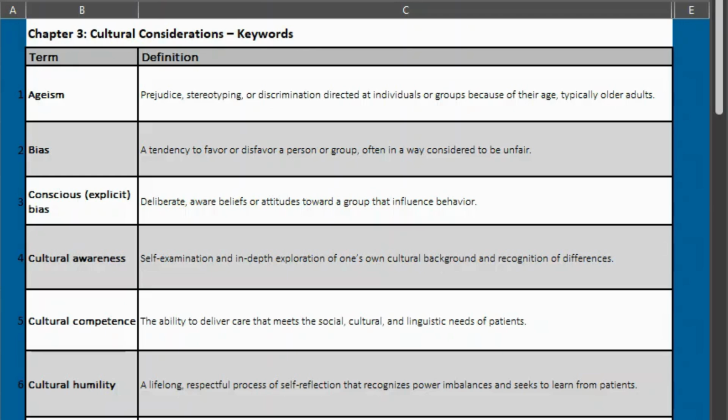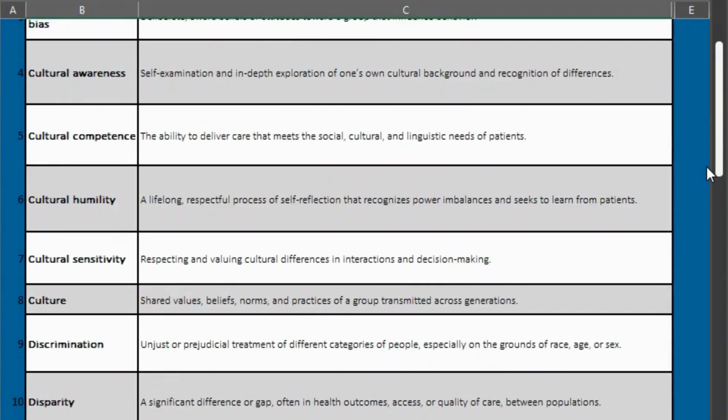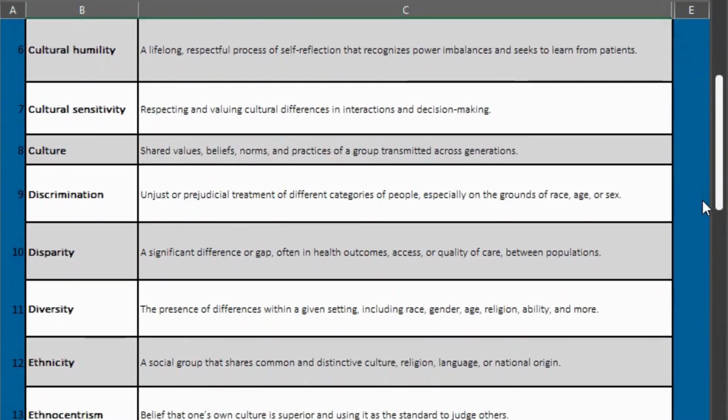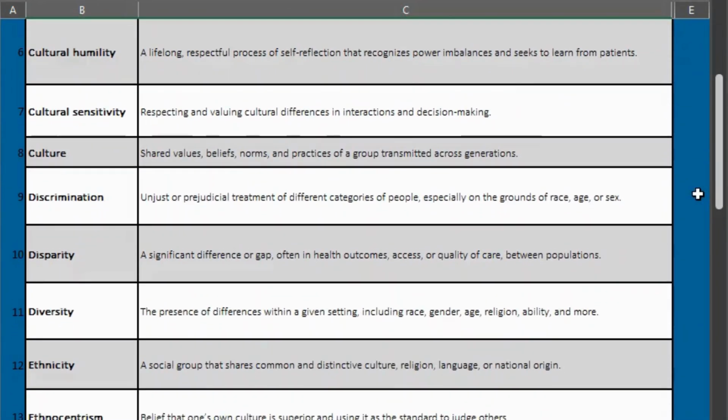Cultural humility is like asking, what does good health look like to you before planning care? Cultural humility, again, ask what does good health look like to you before planning care.